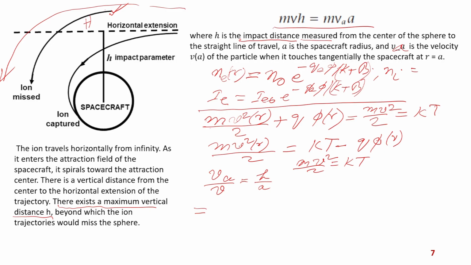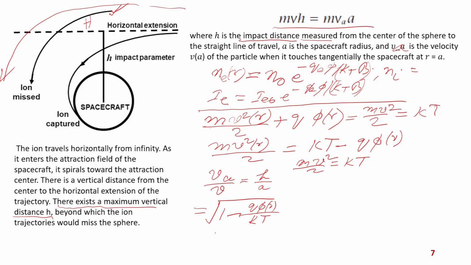So, you divide this by this. So, v_A by v will be equal to 1 minus q phi r divided by k T. So, I have taken this side, and when I divide it, it will be 1 minus q phi r by k T. Okay.